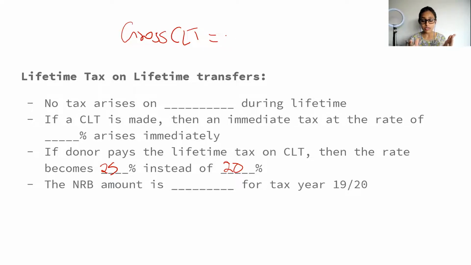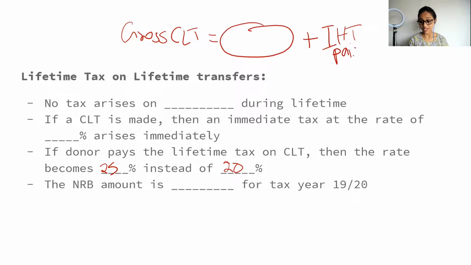But if the donor is the one paying the tax, then gross CLT is the net amount, the amount after reducing AE, plus the lifetime IHT paid. This is the gross CLT. Always remember that, because gross CLT is what we use for the death IHT calculation and all that.